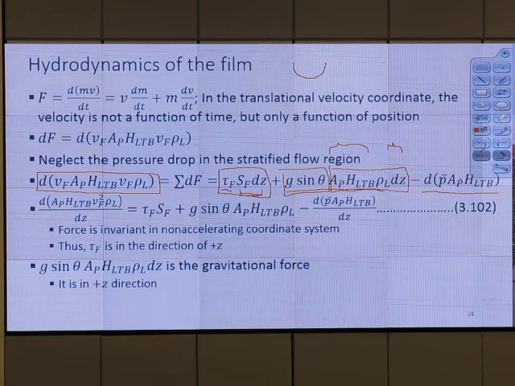Did you read the book? What do you think about the last term? Do we have it in the book? Where is equation 3.102? Which page number? Doesn't matter. Which page number? 95. Okay, at least you know the page number. And they have that kind of term, right?